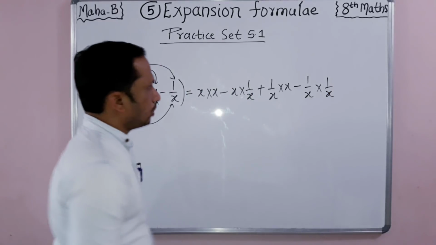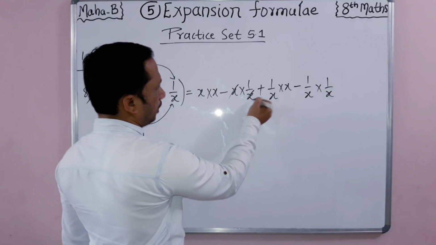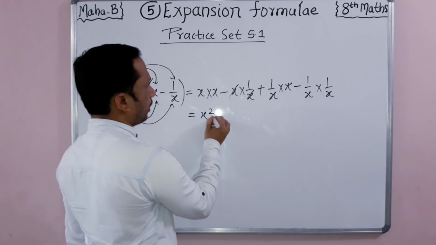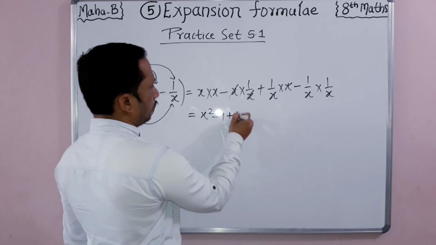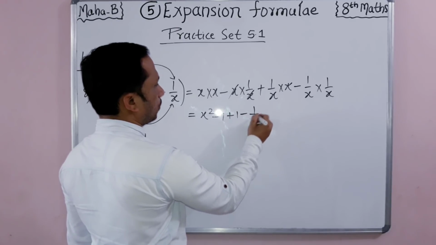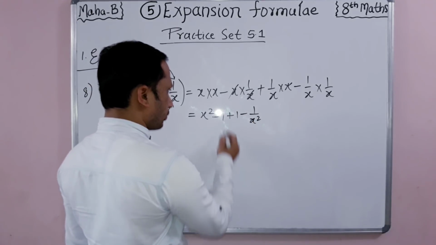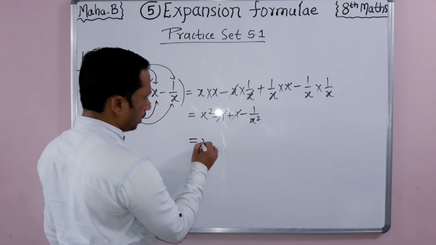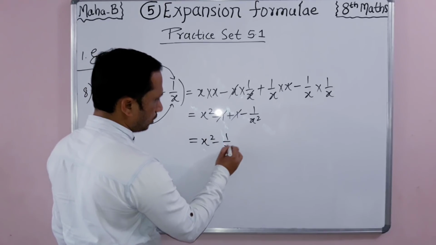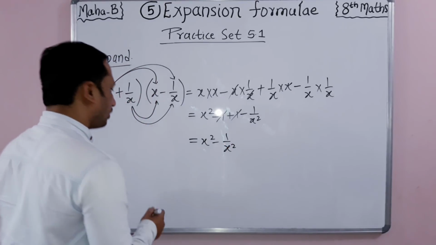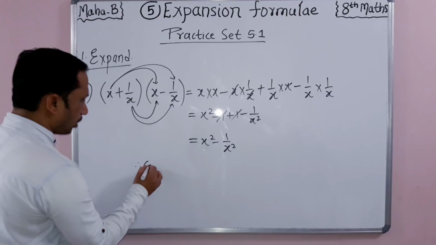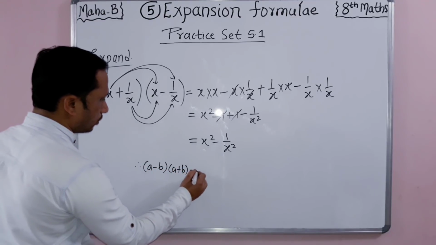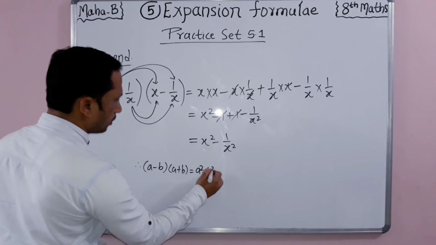Okay students, now see, x and x will get cancelled to each other, therefore x square minus 1 plus 1 and minus 1 upon x square. This minus 1 and plus 1 again get cancelled to each other, then x square minus 1 upon x square. So this is nothing but the similar formula to a minus b, a plus b is equal to a square minus b square.